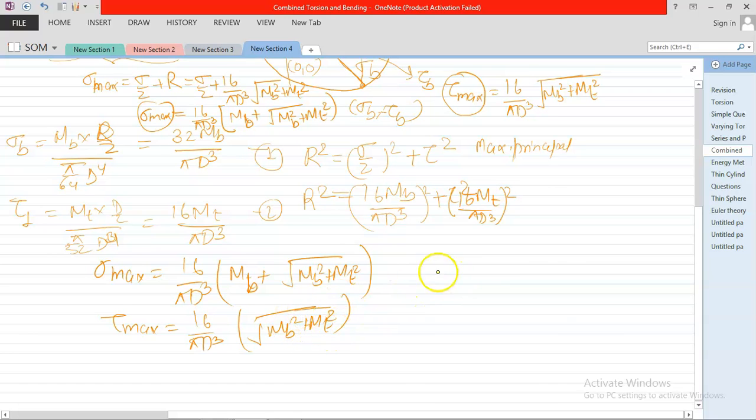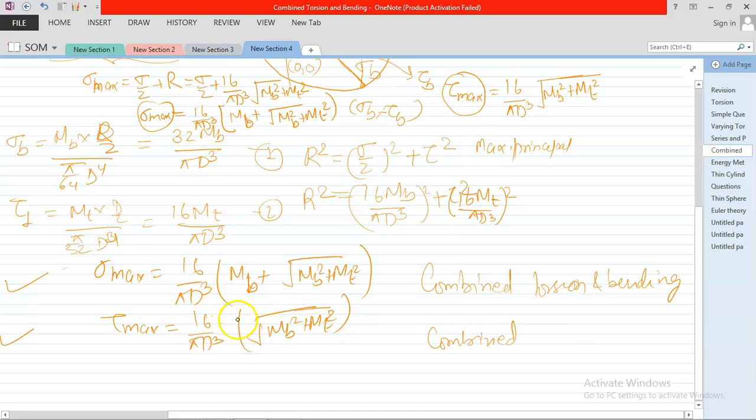So this is your combined torsion and bending. Earlier I explained combined shear and tensile stress in Mohr circle. Now this is combined torsion and bending with the Mohr circle. So this is your maximum principal stress and this is your maximum shear stress. Please remember the formula. They will ask directly.